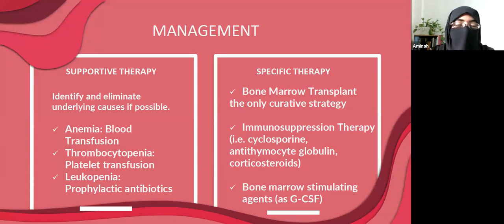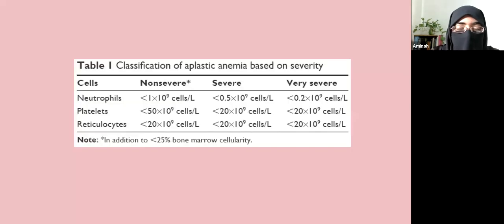Okay, so the management for aplastic anemia depends on the severity of the disease. In this picture, you can see the values of the blood cell count, which will help you classify the disease according to severity.